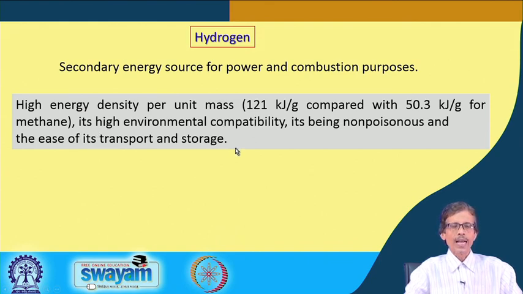more energy. Its high environmental compatibility is also very important, because it is non-poisonous and has ease of transport and storage. When we burn hydrogen in the presence of oxygen or air, it only gives you water molecules, unlike other fossil fuels based on carbon and hydrogen, like methane.